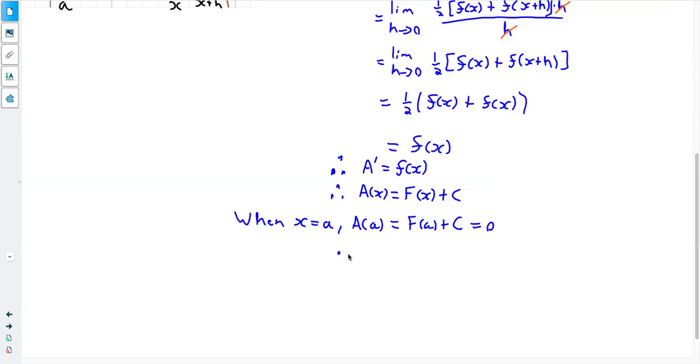So we can therefore say that c equals negative F of a. And if we combine that with what we had up here, we get A of x equals F of x minus F of a.